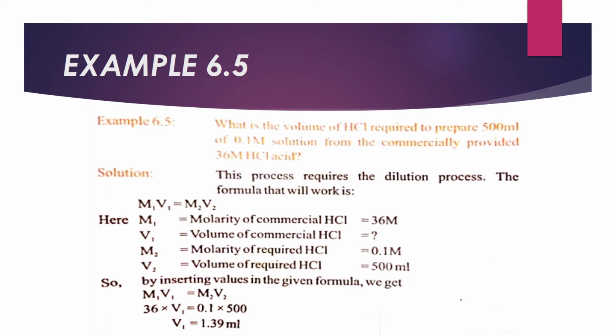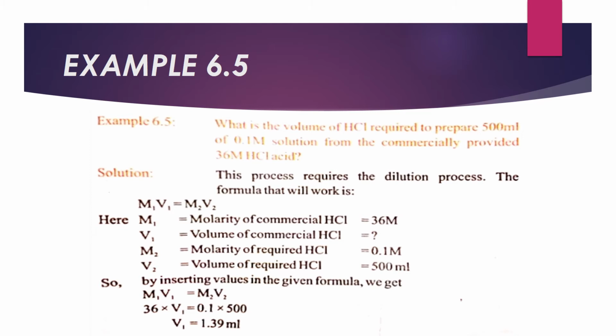Example number 6.5 on page number 117. With the help of this example you can understand dilution of solution better. Here is the requirement: what is the volume of HCl required to prepare 500 milliliters of 0.1 molar solution from the commercially provided 36 molar HCl acid.